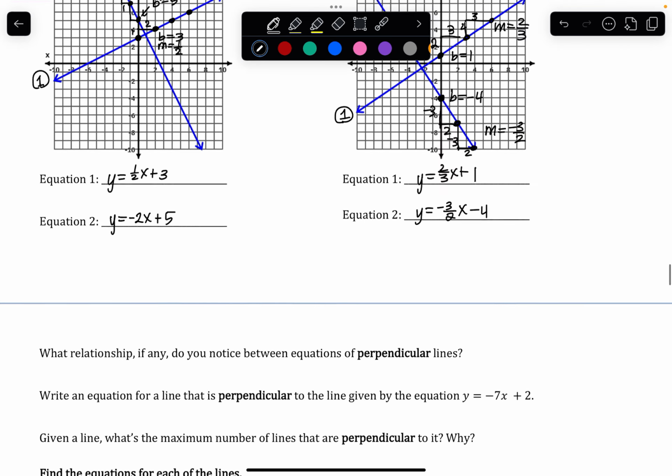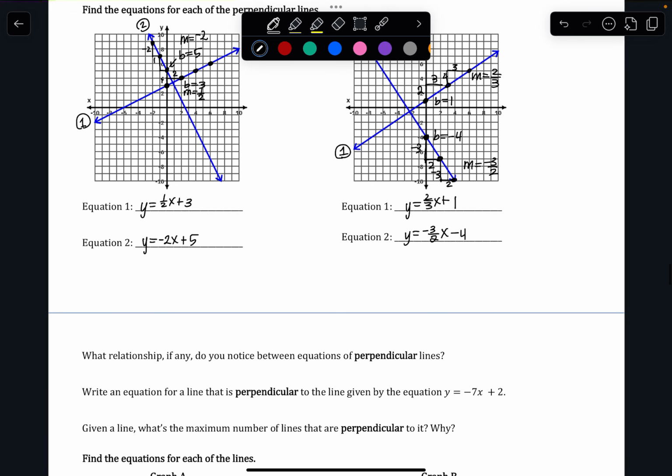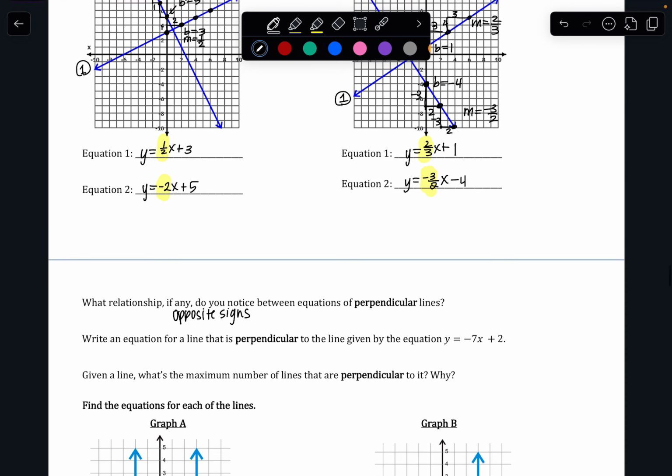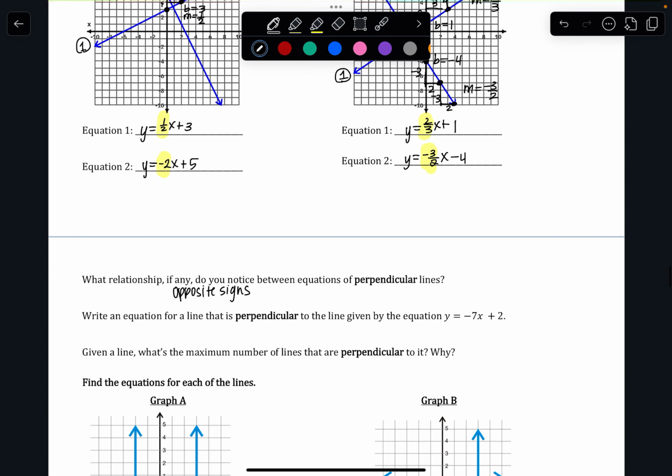So what relationship, if any, do you notice between the equations of perpendicular lines? Once again, focusing on the slope, one thing you may notice is they have opposite signs. Another thing you may notice is they are reciprocals.